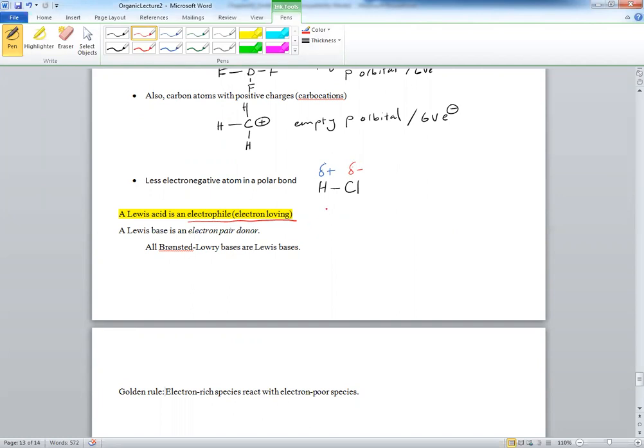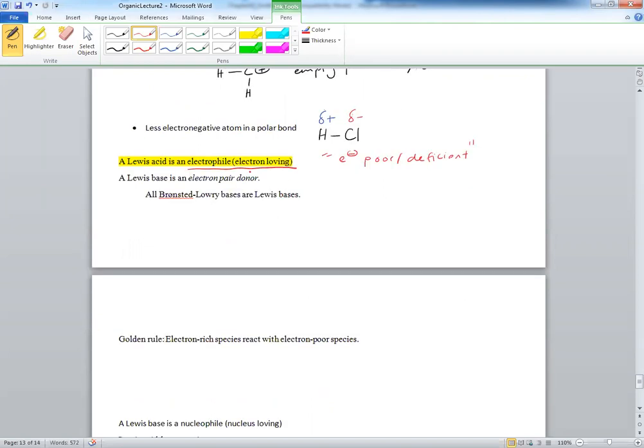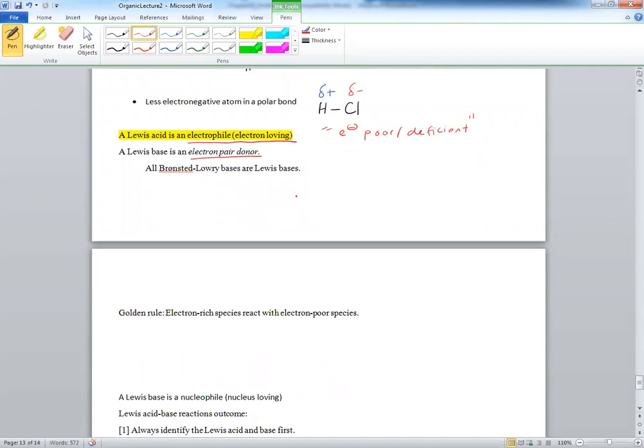So these are electron poor or deficient. Now, Lewis bases are the opposite. Those are electron pair donors. So they actually give away electrons. And some of them are the following.